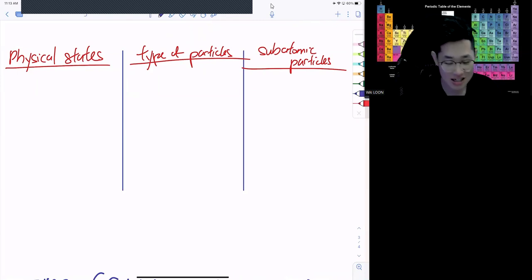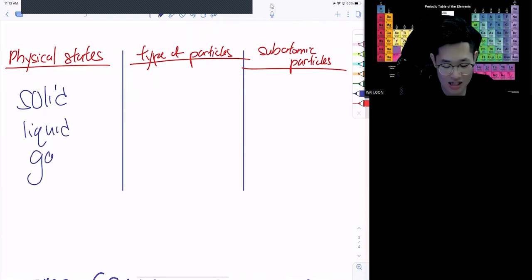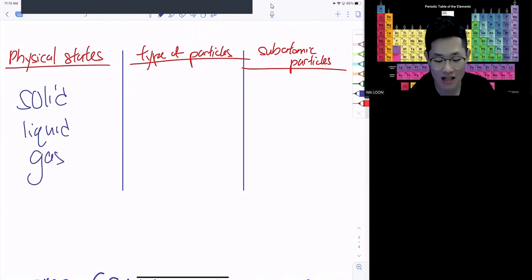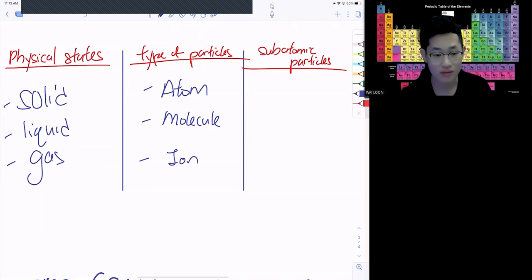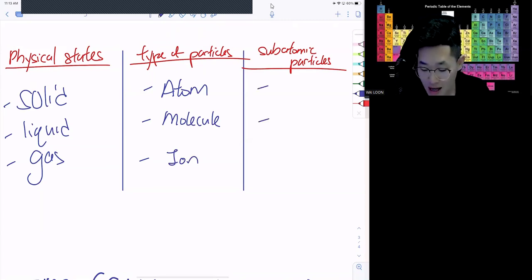Physical states has three answers: solid, liquid, gas. What are the three types of particles we have? Yes, correct. Very good. Atom, molecule, and ion. While the subatomic particles are proton, electron, and neutron.